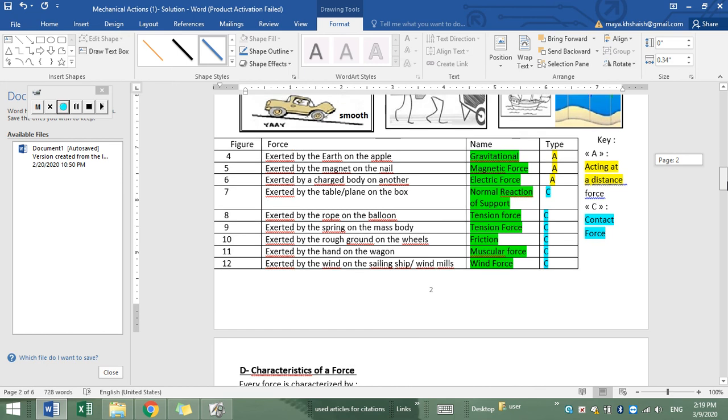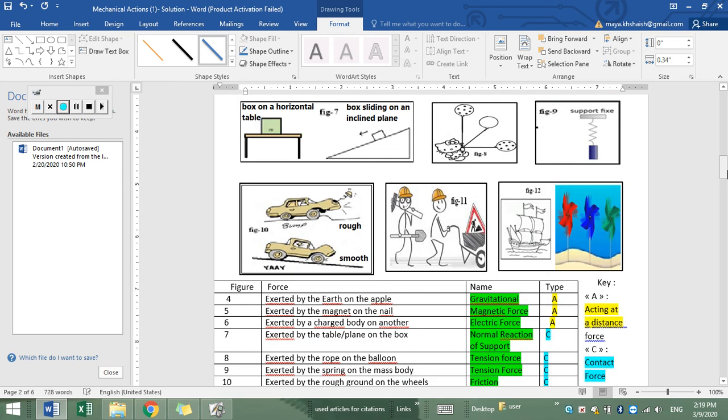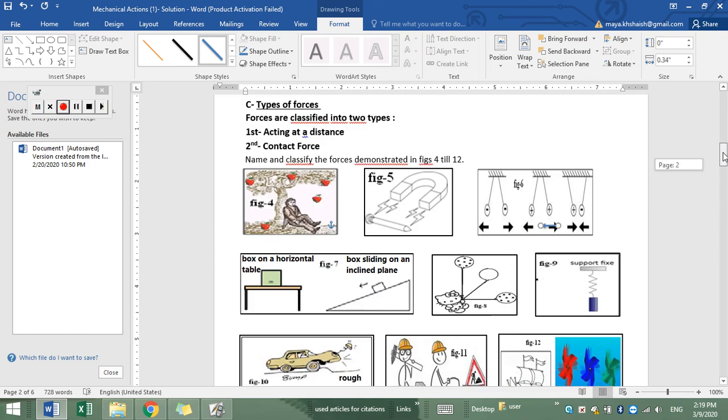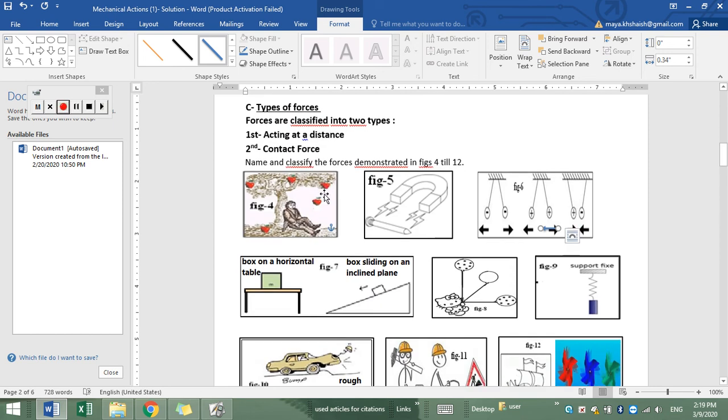What is the type of this force? In order to be able to classify the forces, we have to check whether the actor and the receiver are in contact, are touching each other or not. Earth and the apple. When the apple is dangling from the branch of the tree, is it in contact with the core of the earth?